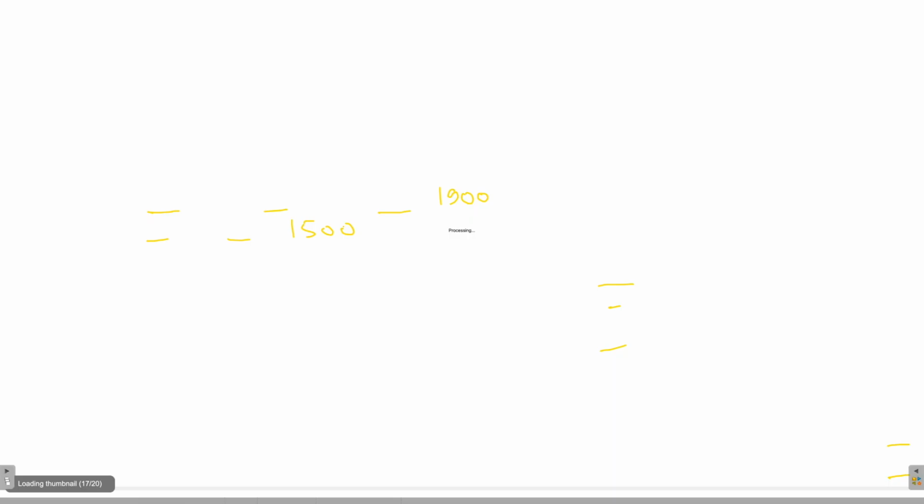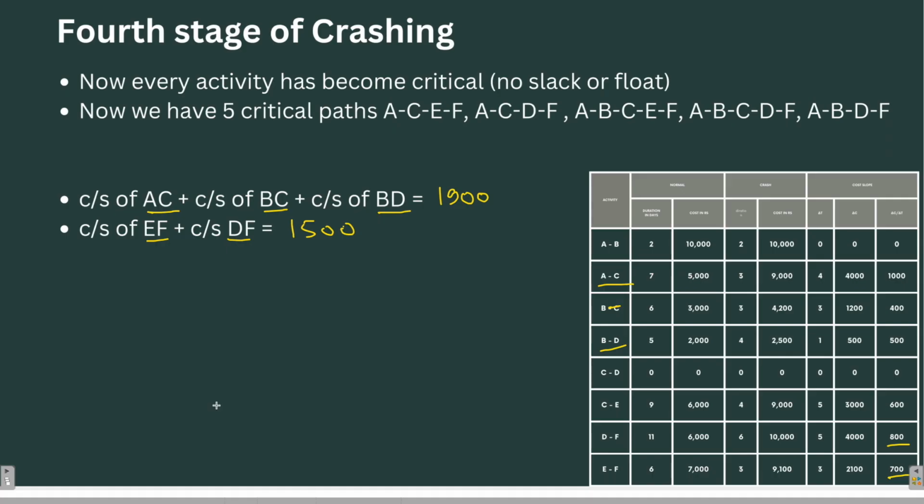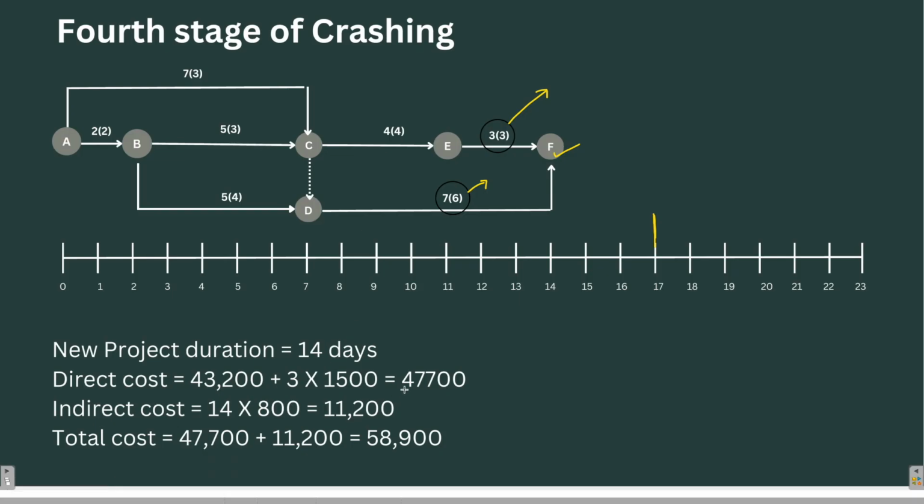So we are crashing it for 3 days, so multiply it by 1500. Whatever answer we get is the direct cost involved. Now the indirect cost will be 14 into 800 per day. It will come out to be 11,200. We'll add them together. We'll get the total cost of the project as 58,900.